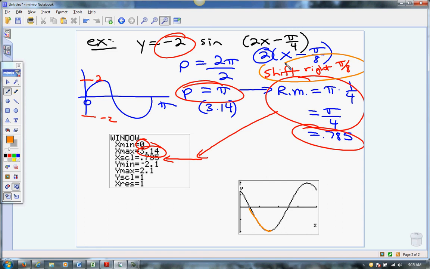This shift right is why it starts here, and then right there is my normal sine graph. Now if I wanted to see the whole sine graph, wouldn't I need to change my window a little bit? There are some things that I could do with the calculator. I could show exactly one period if I added pi/8 to 0. Because isn't that what this point right here is? It's pi/8 to the right. So there are some things you could do with your graphing calculator if you wanted to see exactly one period. And so we're going to stop there for today.